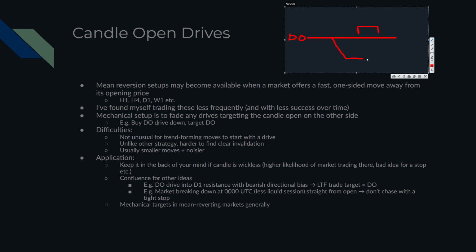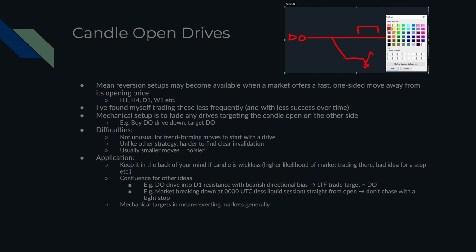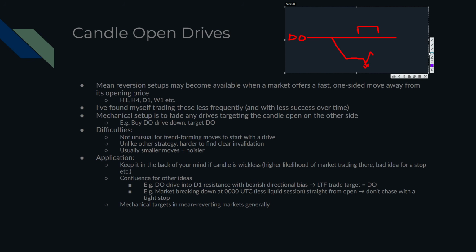Unlike the first one, there's no mechanically clear area where you can put that. Of course, if you're looking at this on lower time frames and it breaks down and does a reclaim, maybe it gives you that, or maybe you've got a lower time frame level of support that you're willing to trade back towards the daily open, and that gives you an invalidation.